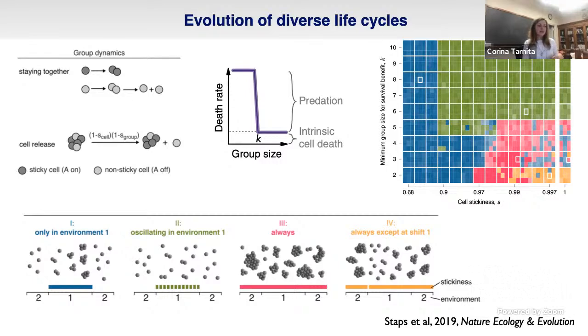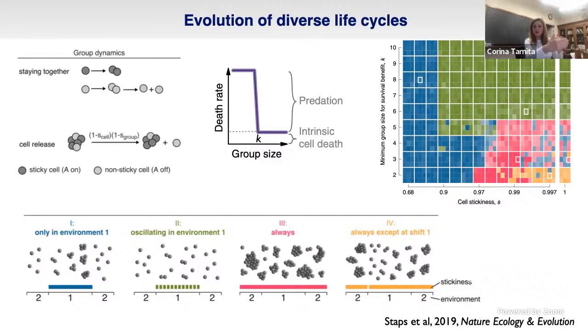So what you notice is in environment 2, it has no problem. It just expresses gene B. It's not sticky. It doesn't form a group. But in environment 1, it's this tug of war between wanting to express gene A so that you can get the reproductive benefit of expressing the correct gene in the correct environment, but at the same time, not really wanting to grow, because then you start to pay a cost for being in a group.